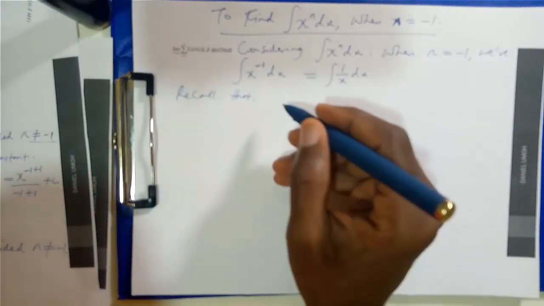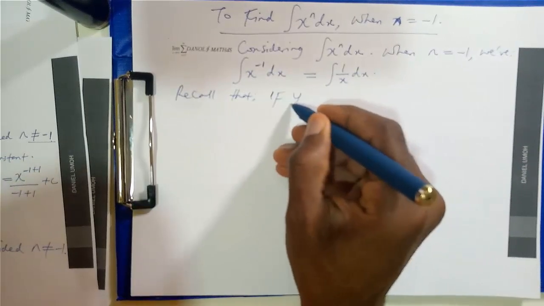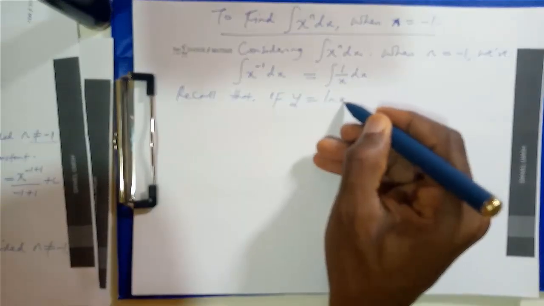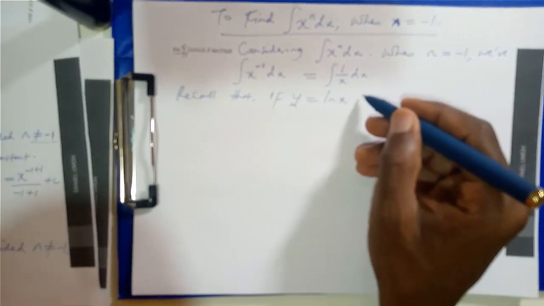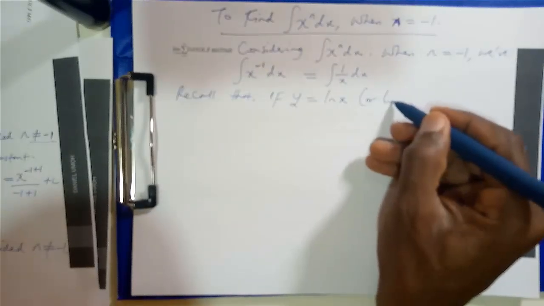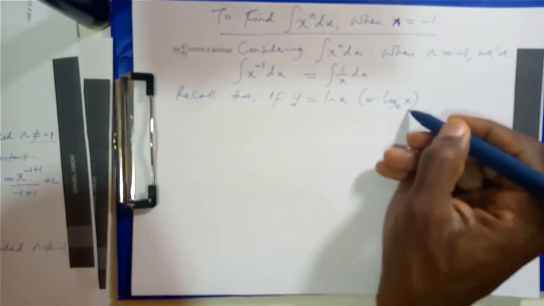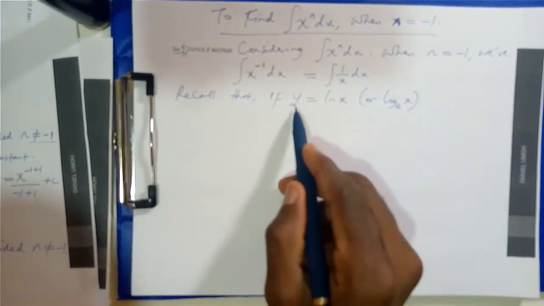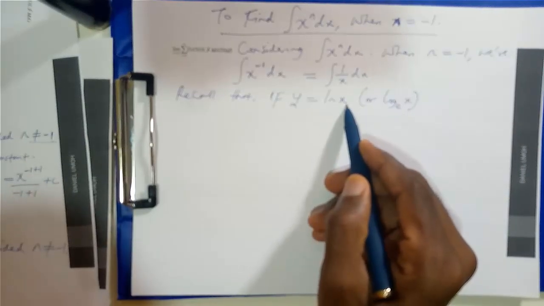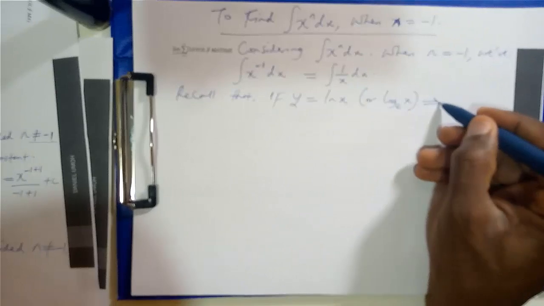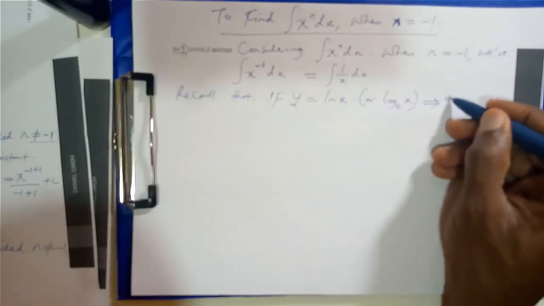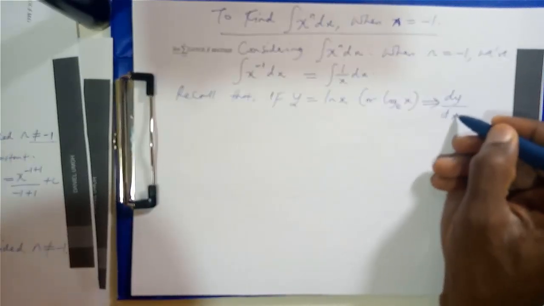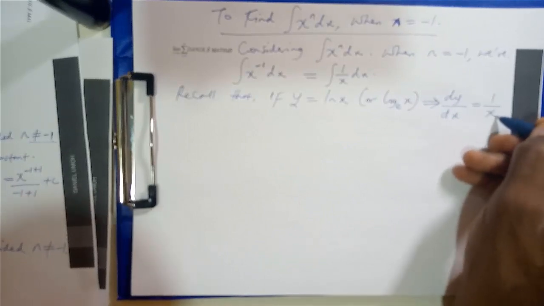Now, recall that from differentiation, if y is equal to ln x, of course, you know that ln x is the same thing as what? Log to base e of x, right? Now, if y is equal to ln x and you are asked to differentiate this function, we say that dy over dx is equal to what? 1 over x.